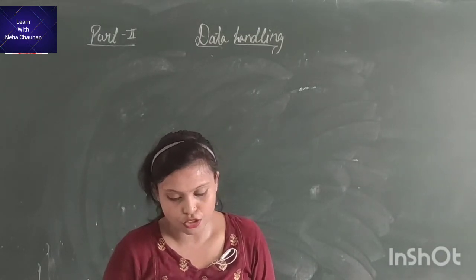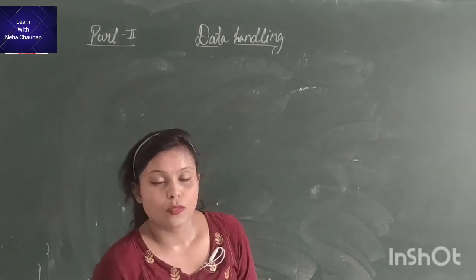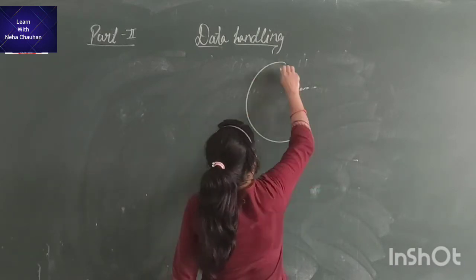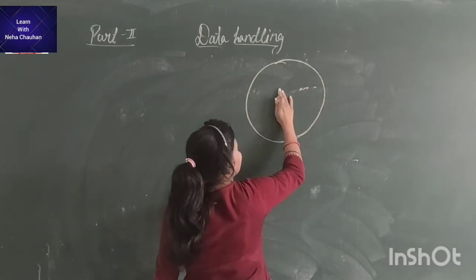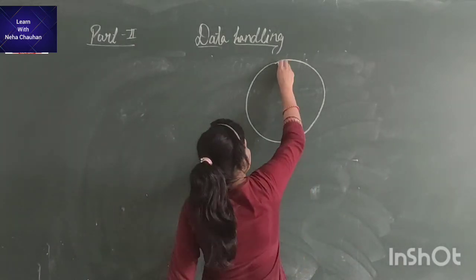The adjoining pie chart shows the findings of the survey. In this question we are given the pie chart, and we need to find the data from this pie chart.